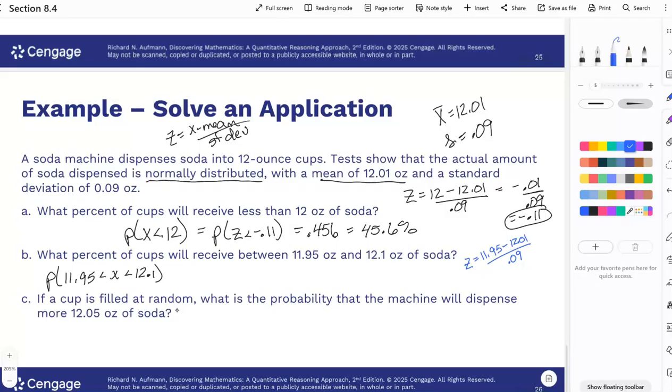So I got 11.95 minus 12.01. Now I'm dividing that by 0.09. I got negative 0.67 for that. And then we're going to do the same thing with that other one, 12.1 minus 12.01 divided by 0.09.